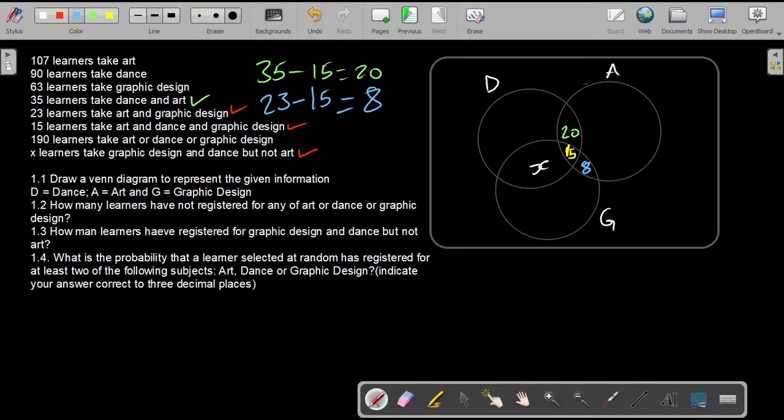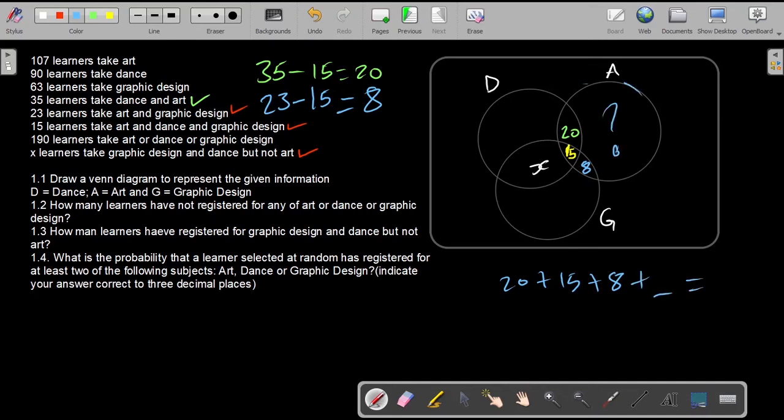Now, if you check up here, we're told that 107 learners take art. So the art circle has to add up to 107. And that actually will give you the value over there, because we already have most of the values. So we have 20, we have 15, and we have 8, and some other value, question mark over there.